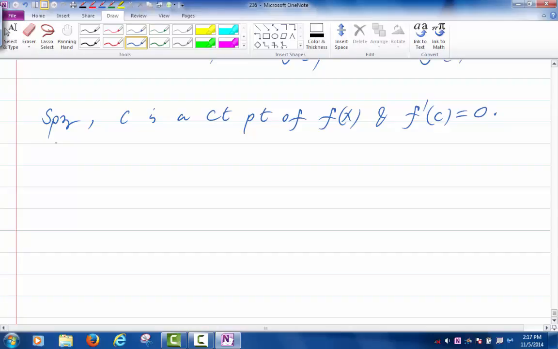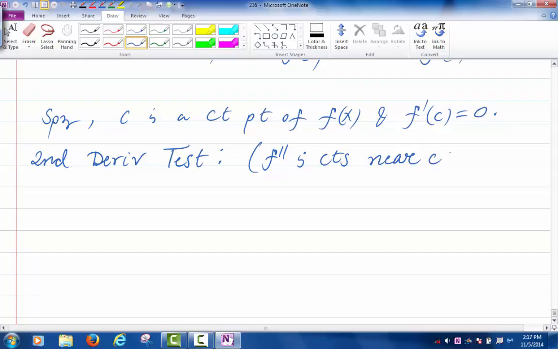first of all, we need an assumption in the second derivative test. So this is the second derivative test. And there is an assumption needed, that is f double prime is continuous near c.